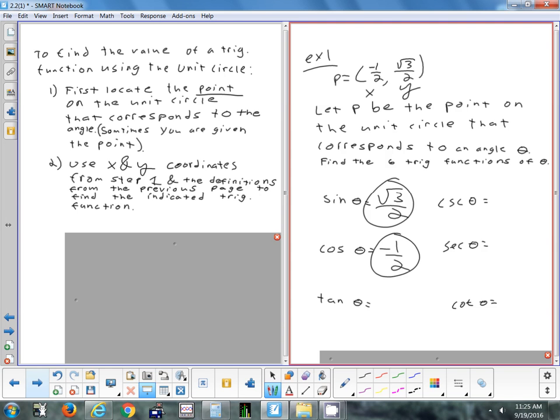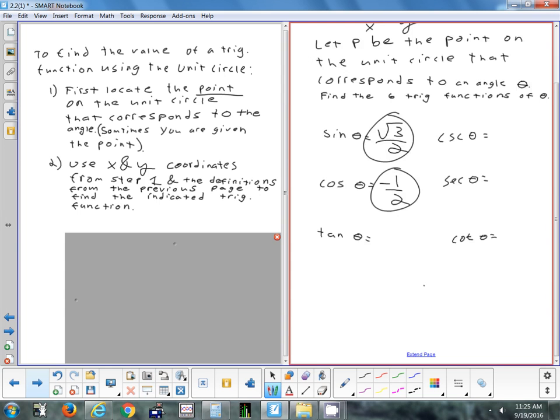You don't have to do any arithmetic at all. Now let's look at tangent. Paige, what is the formula for tangent? Y over x. So y is square root 3 over 2 divided by x, which is -1/2. That's my tangent, but we've got to simplify that. We can't leave it as a fraction over a fraction. Does anybody see what's going to cancel out?